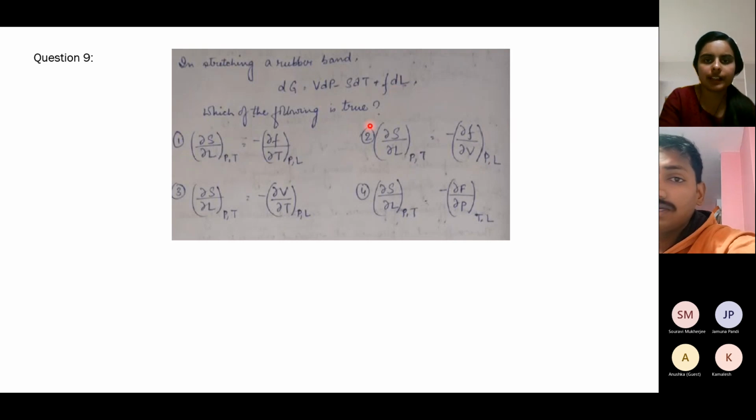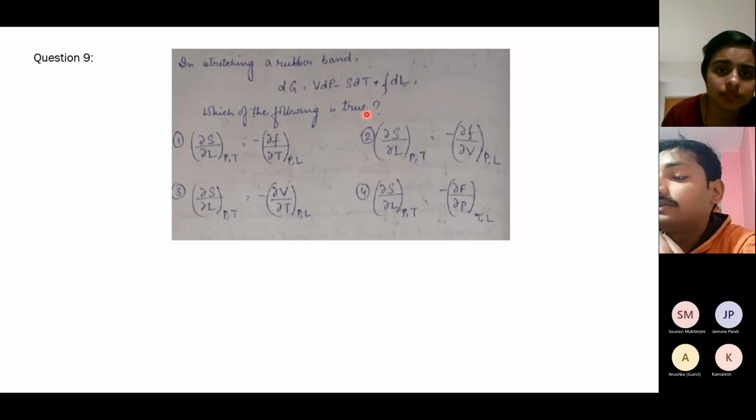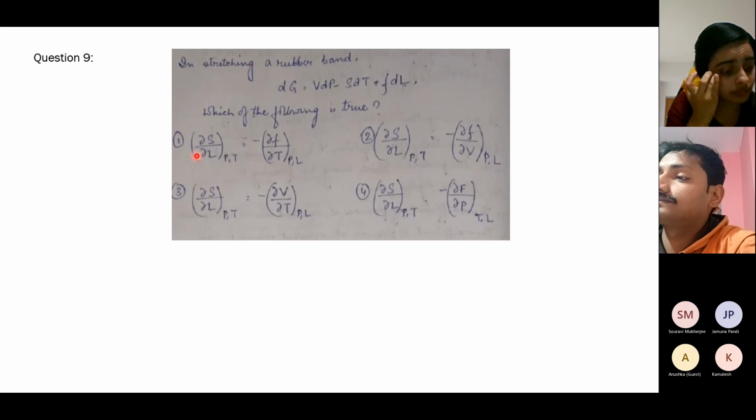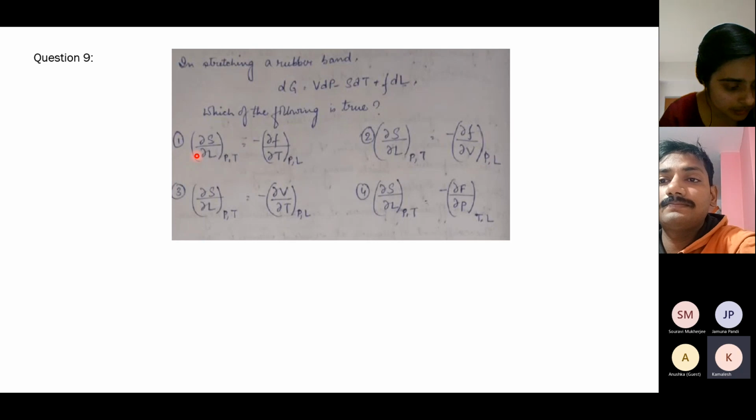Can you first tell me what the expression is? The option is one, I am getting one. Okay, and what about others? What are others getting? Yamuna, Anushka, or Kamalesh, what are you getting? G is a function of P, T, and L. Yes, correct.